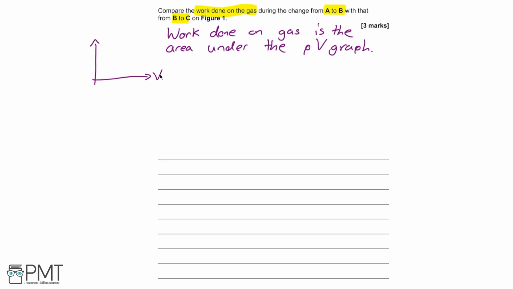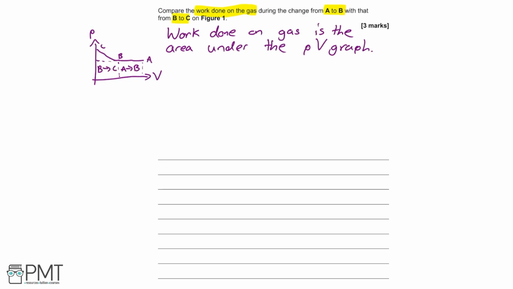So if this is V and this is P, then we have a straight line part, this is A to B, and then another part up to C, like that. So what we're going to do is calculate the area under this graph for each of the changes A to B, so this area, and B to C, this area.